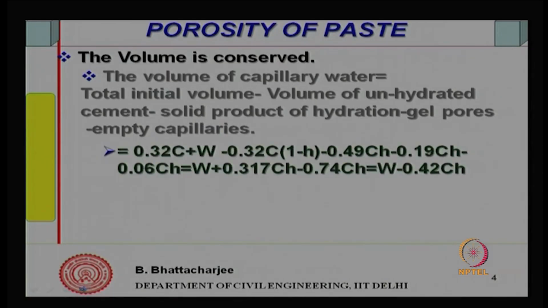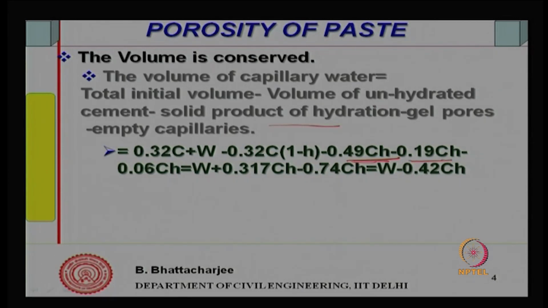If we do that, the total initial volume was known to us as 0.32 C plus W. The volume of unhydrated cement is 0.32 C into (1 minus H) from the previous diagram. Then the volume of hydration product is 0.49 CH, solid product of hydration.